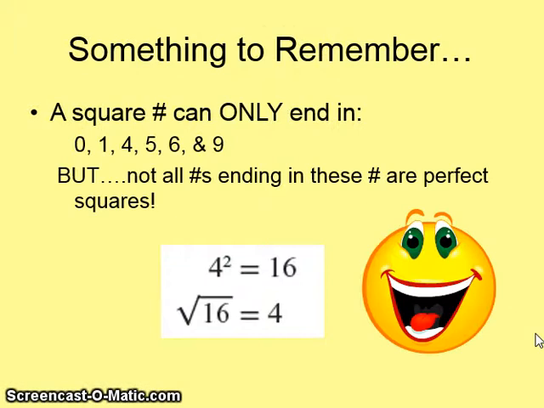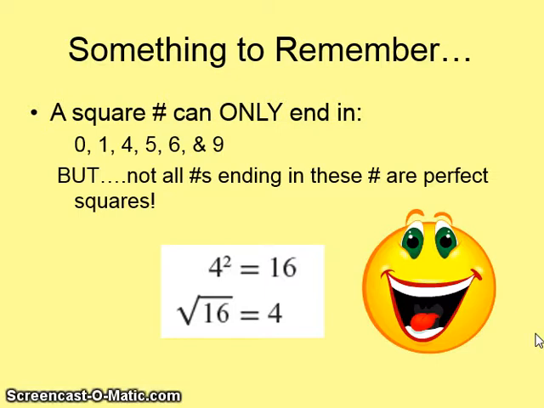So here's something cool to remember. A square number, a perfect square, can only end in 0, 1, 4, 5, 6, and 9. So when you're evaluating whether or not a number is a perfect square, a good thing to look at is the last number. Because if it's not one of these, it's not a perfect square.